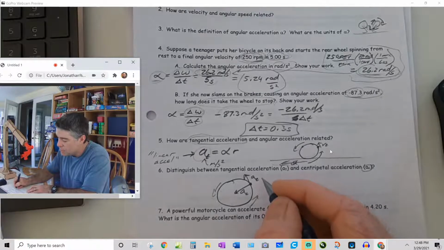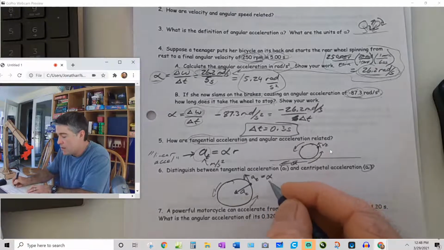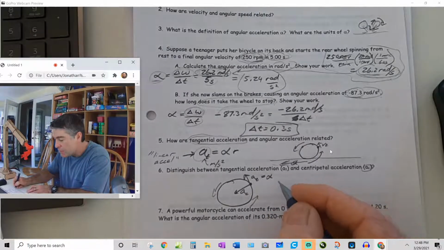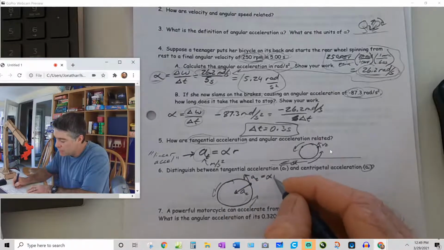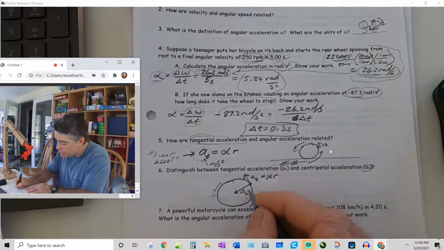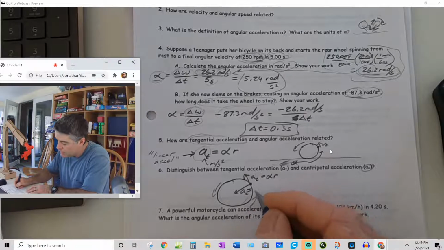The tangential acceleration is angular acceleration, the number of radians per second that it's accelerating, times r. And centripetal acceleration equals v squared over r.